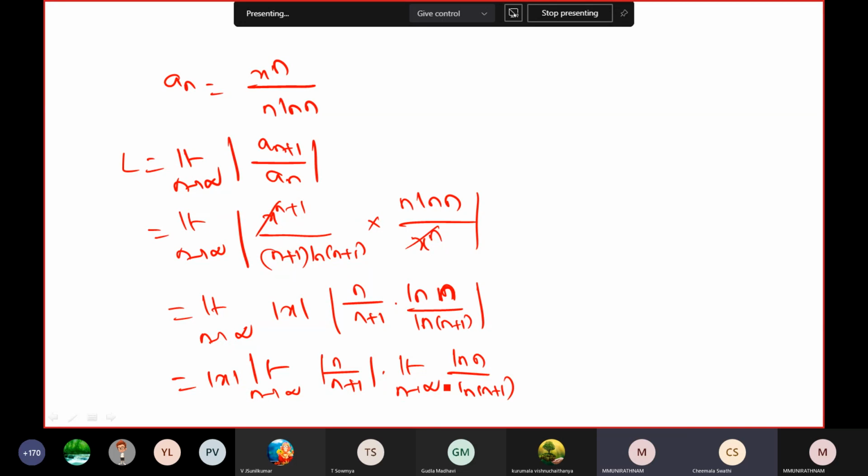So can you tell what is the value of ln n by ln (n+1), limit n tends to infinity? Anyone? Zero.